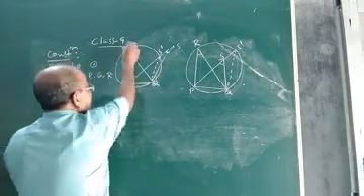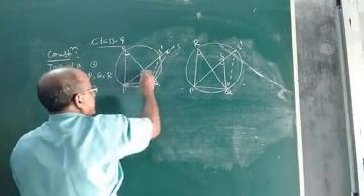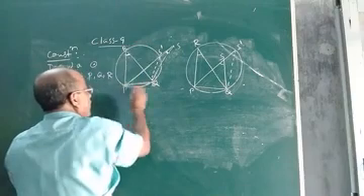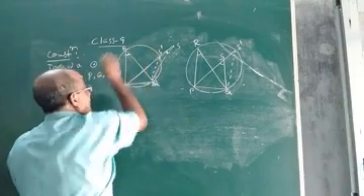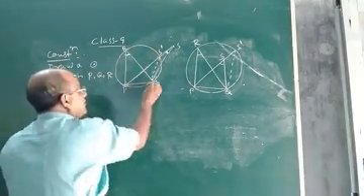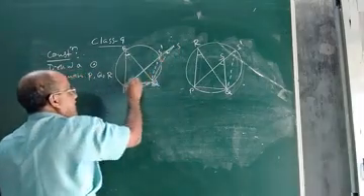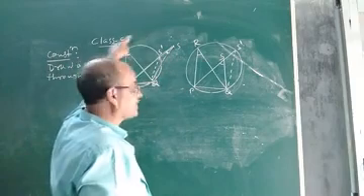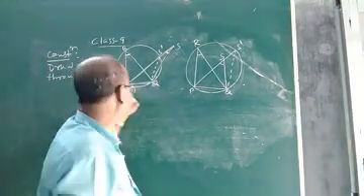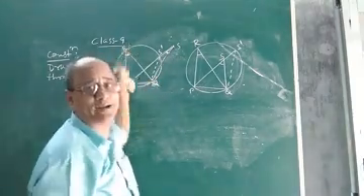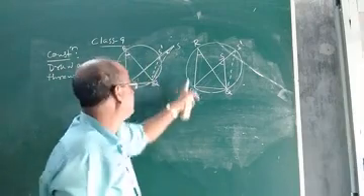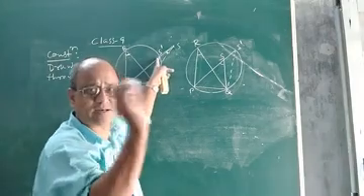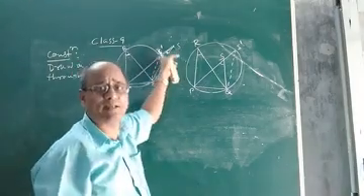Suppose you draw a circle through the 3 non-collinear points P, Q and R, and suppose it intersects the line segment PS at S dash.